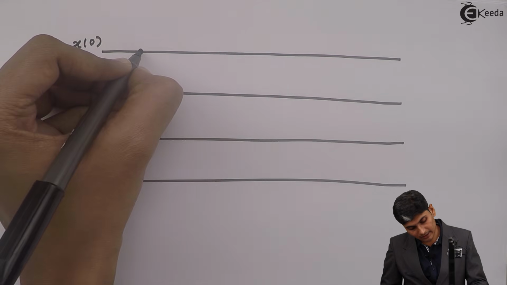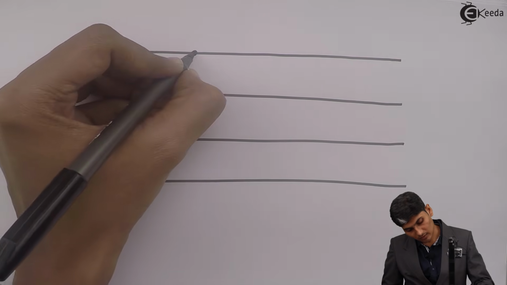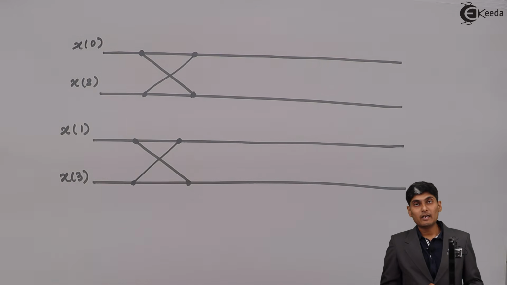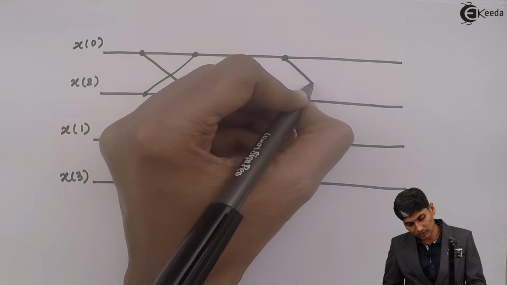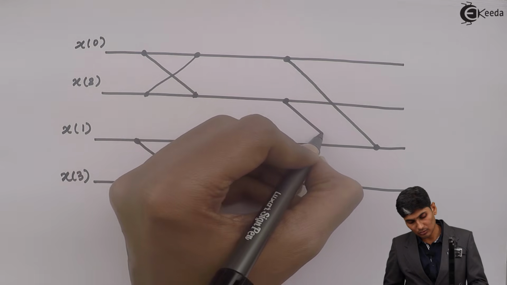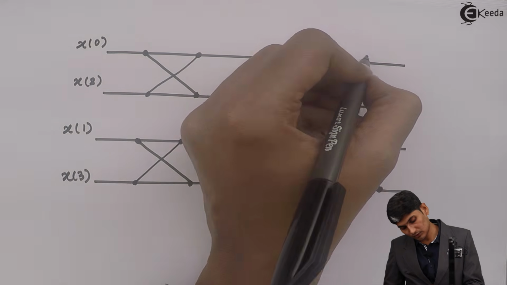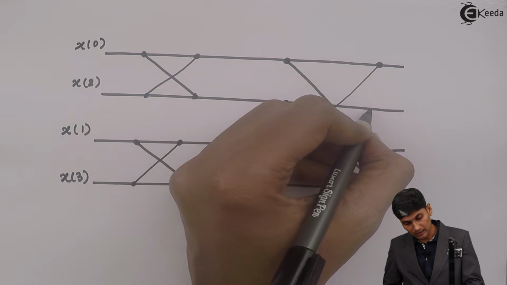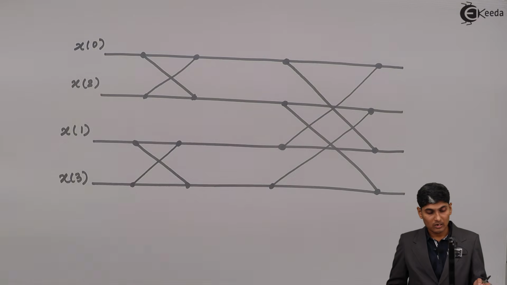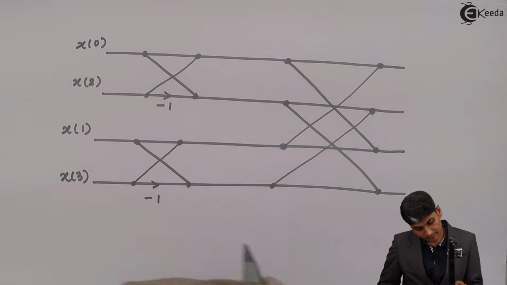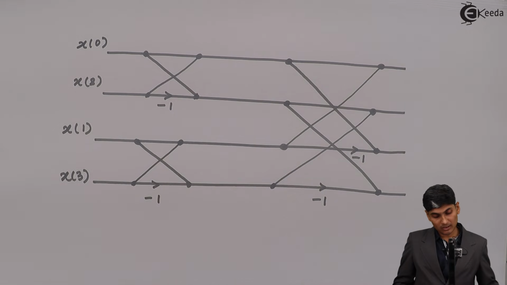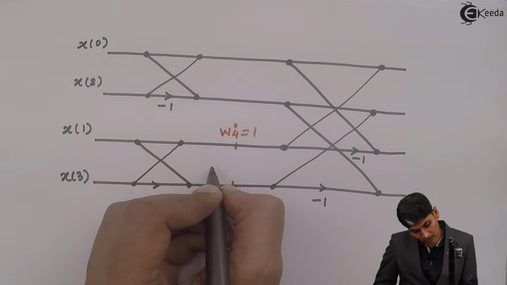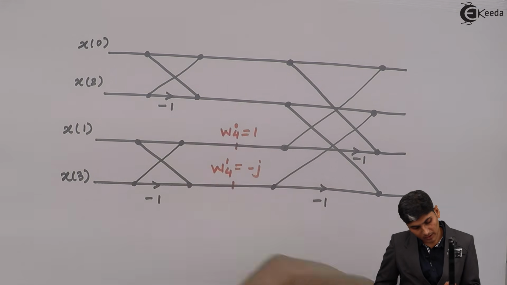At the second stage we have crisscrosses, so let's say there are 2 crosses, and at the first stage we again have crosses, first to third and second to fourth, with the second lines negated and with multiplying factors of W4 raised to 0, which is equal to 1, and W4 raised to 1, which is equal to minus j.